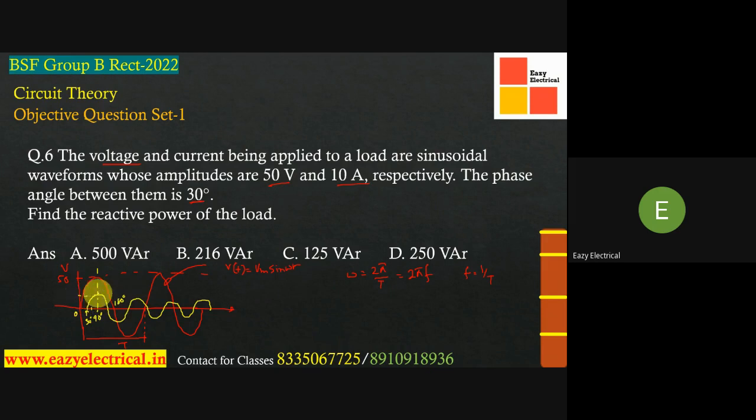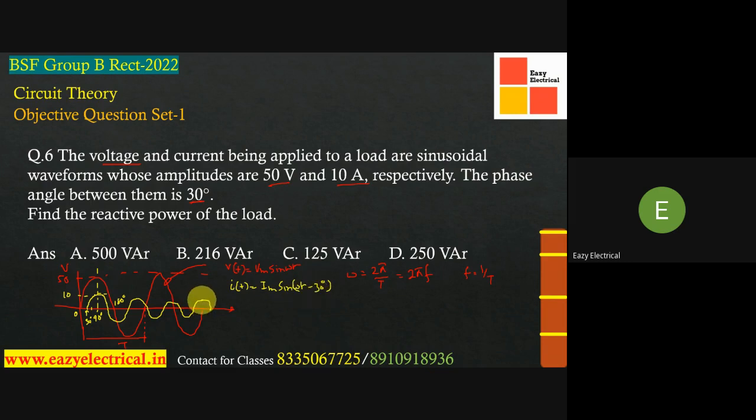Now this is the magnitude or amplitude of 10, and we can represent it like this: i of t equals Im sine of omega t minus 30 degree. Why minus 30 degree? As the waveform is starting after the voltage waveform, we are mentioning it as minus 30.